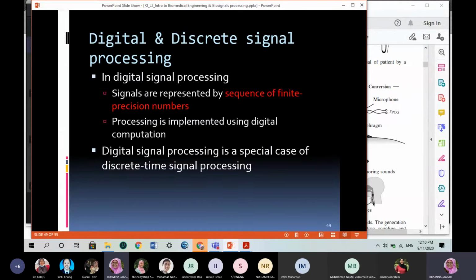The signal speed from the SA node to the AV node to the bundle of His to the Purkinje fibers is not the same. The speed is delayed a little bit once it reaches the AV node, and then it picks up speed. When it reaches the Purkinje fibers, it will fire very fast.